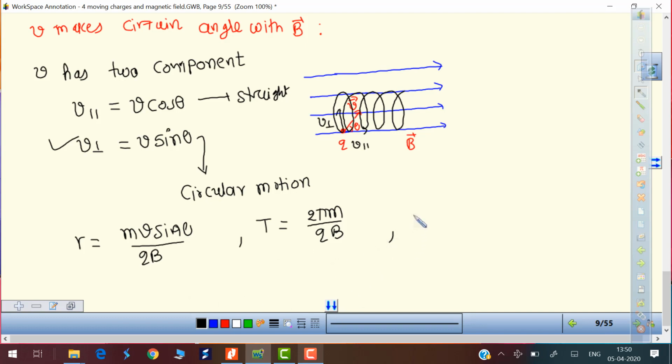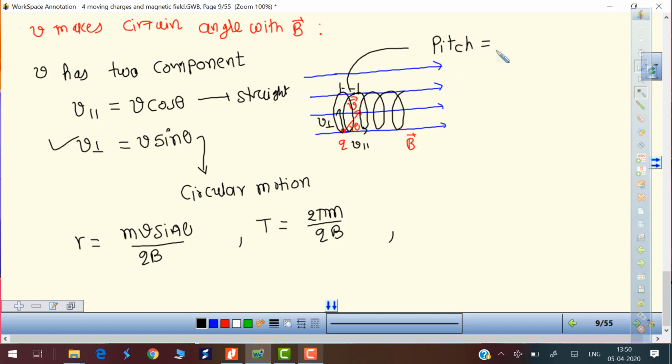And the distance between these two is called pitch. So pitch means what? Starting from here, going around one circular path, not exactly but helical, and coming here.